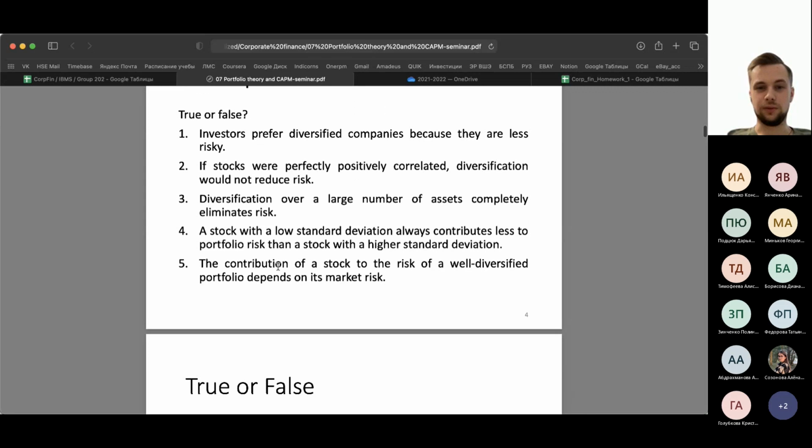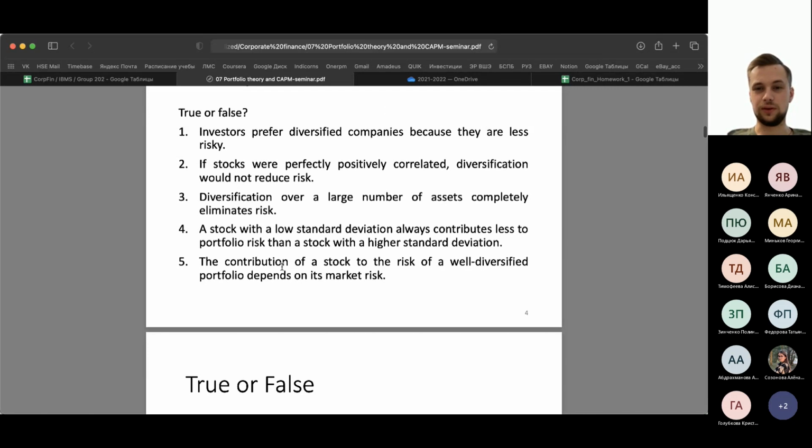Okay. The contribution of a stock to the risk of a well-diversified portfolio depends on its market risk. So, Tatiana, can you comment on that? Yep, actually, a well-diversified portfolio is a portfolio where the weights of securities are small, and then any security in the portfolio does not affect the overall risk of the portfolio a lot.